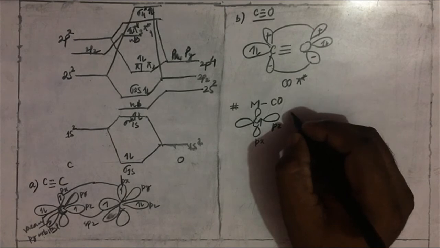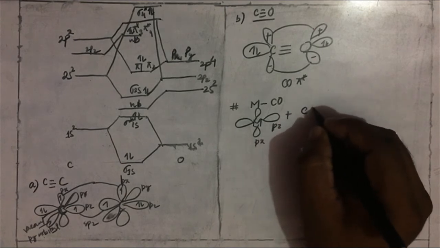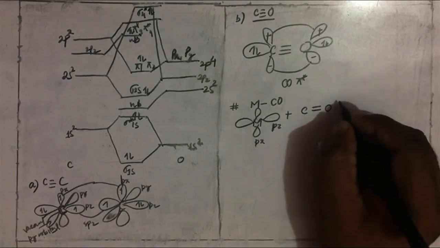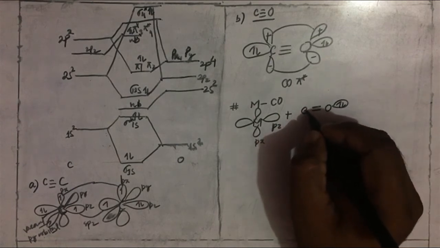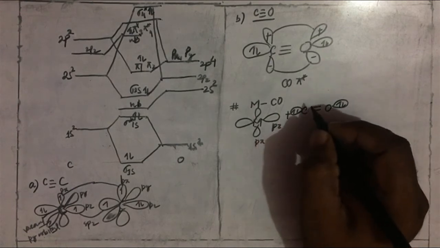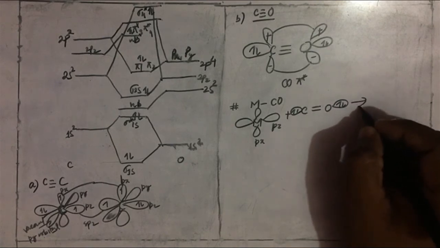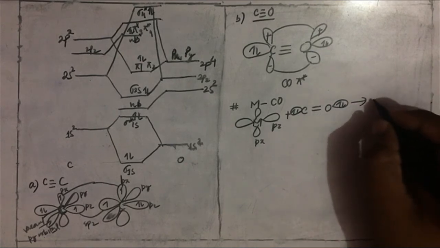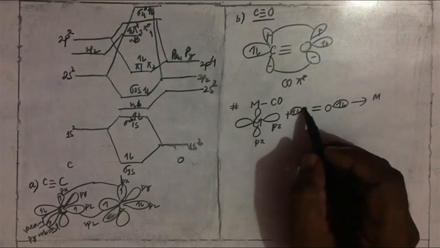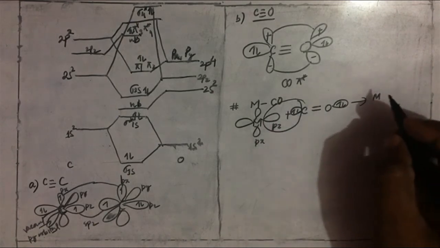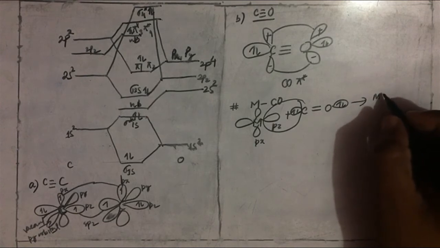Okay, for carbonyl C double bond O, carbon has a lone pair of electrons, it will be formed like this. When this orbital overlaps with this, then it will form like this.